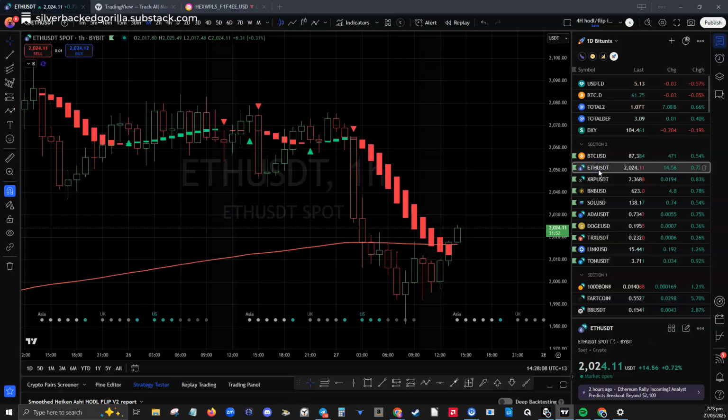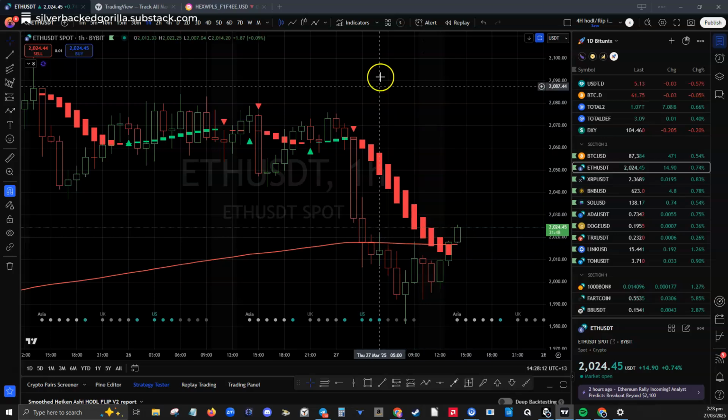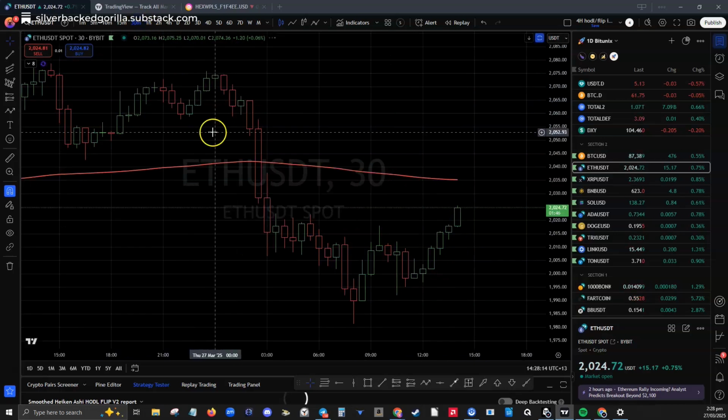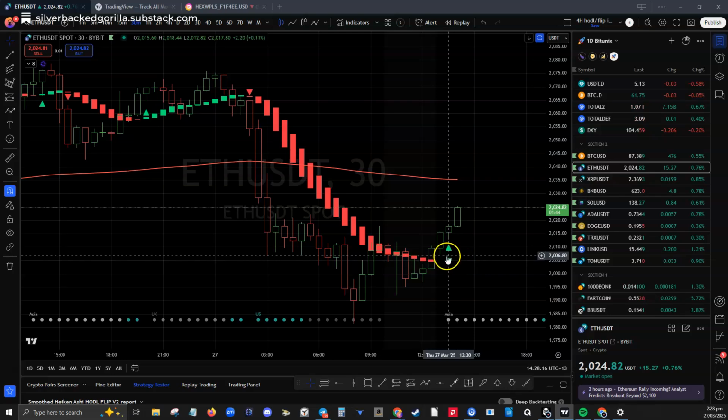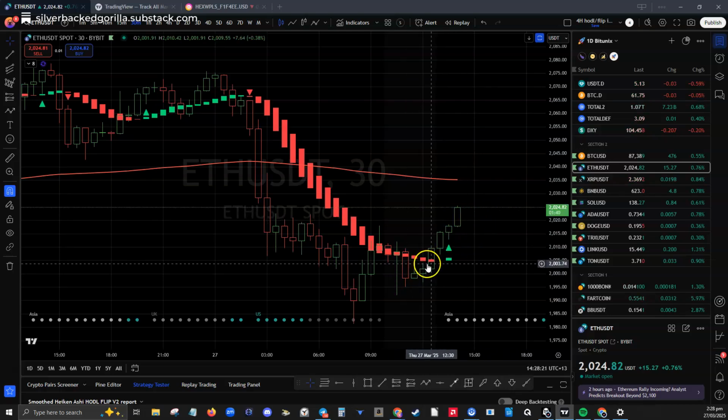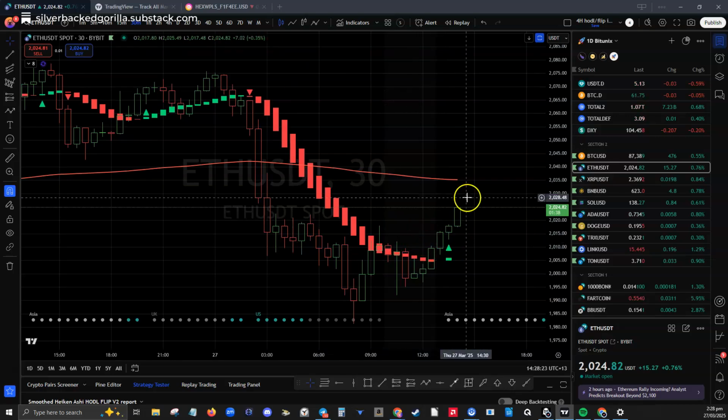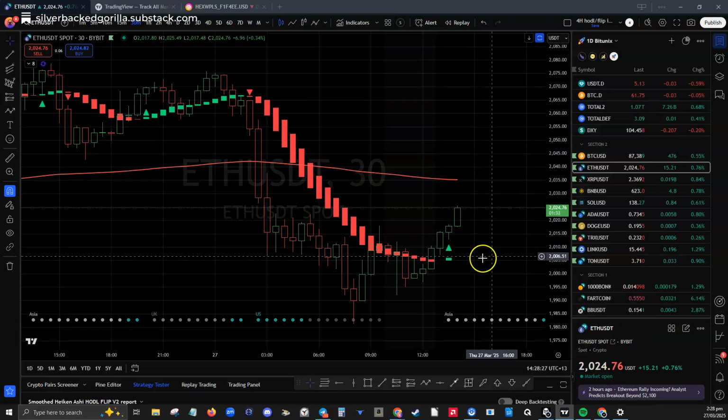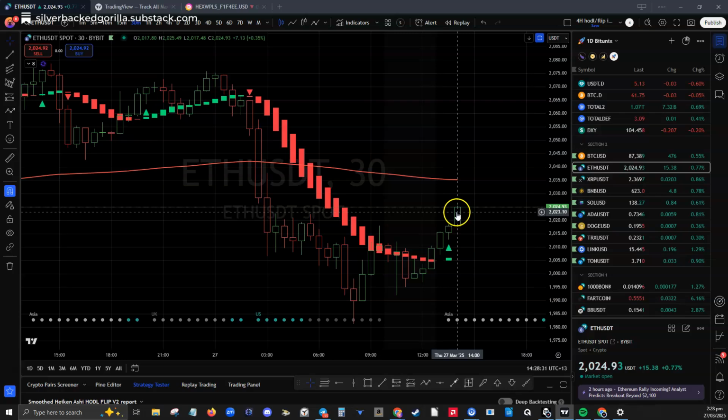Moving on, ETH. We know it's a green bias. We haven't got the green signal yet, but again, 30-minute is probably going to be okay. It's just taking off, so we could probably get ahead of this now, or we can wait for it to retrace back. I'd prefer for it to go up and retrace back to the mean, and that's when the 1 hour one, you can see it's just rising.